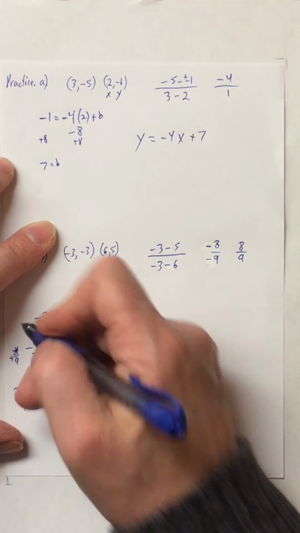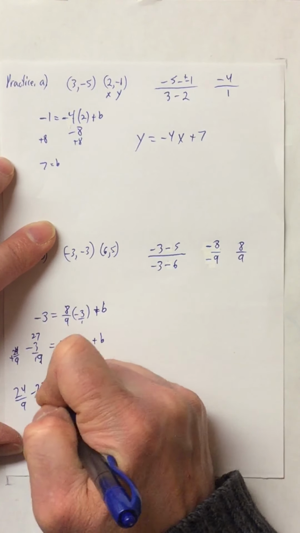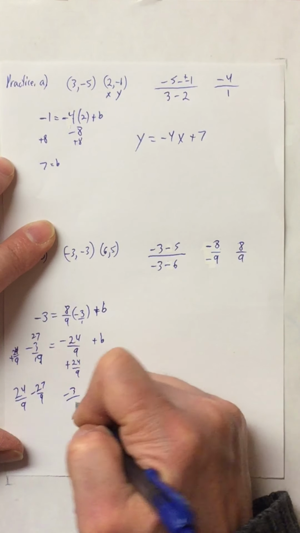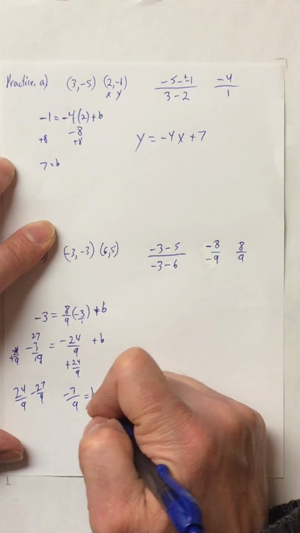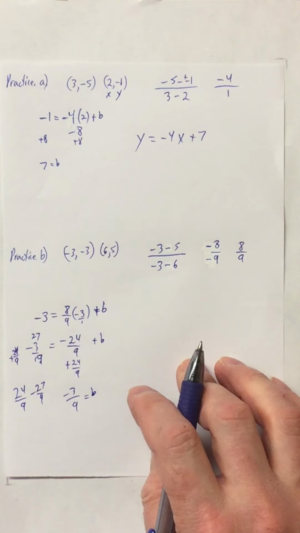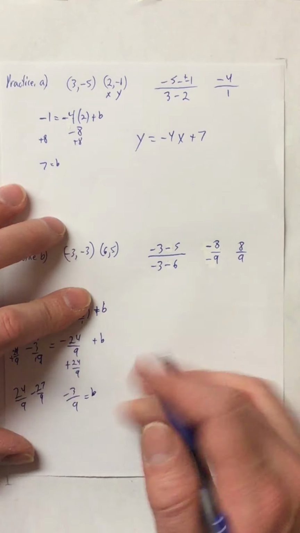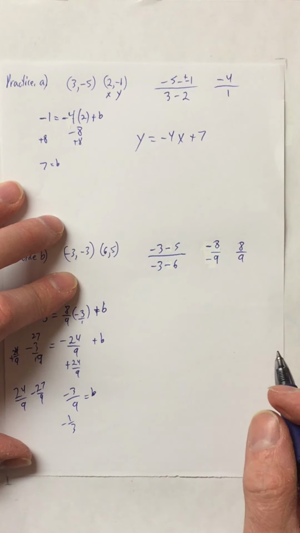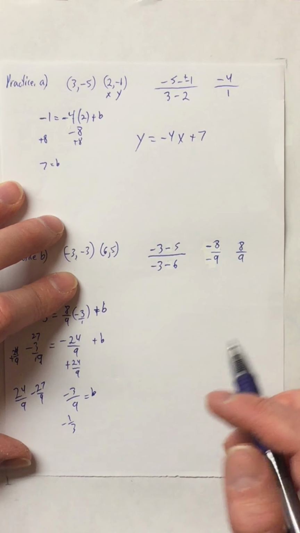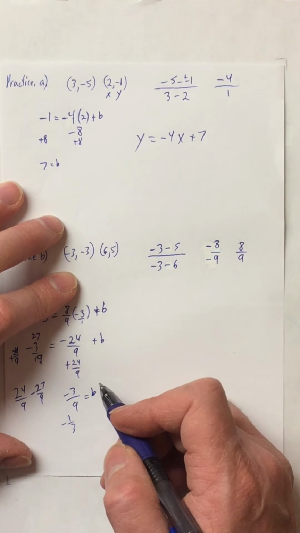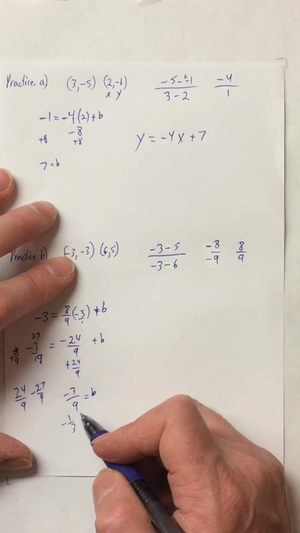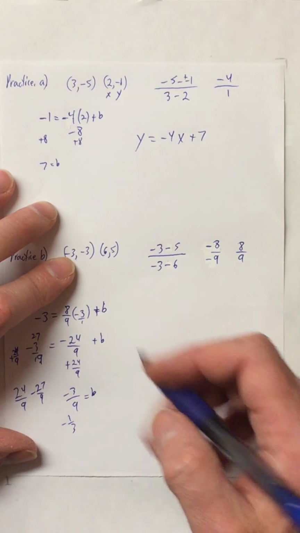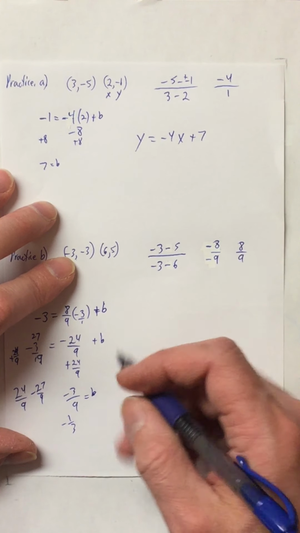So if I put a 9 there, 3 times 9 is 27, so negative 27/9. 24 minus 27, negative 3/9 is equal to my b, and that can be reduced to negative 1/3. Okay, there we go. That one's tricky because your slope is a fraction, like we saw in the first example we worked through.